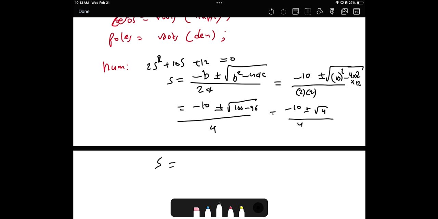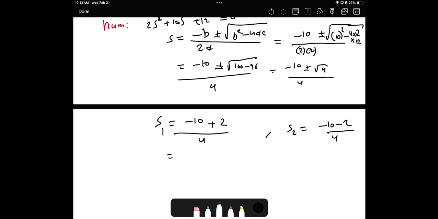So s will be negative 10 plus 2 divided by 4, that is s1, or s2 equals negative 10 minus 2 divided by 4. Negative 10 plus 2 makes negative 8, divided by 4 makes negative 2.